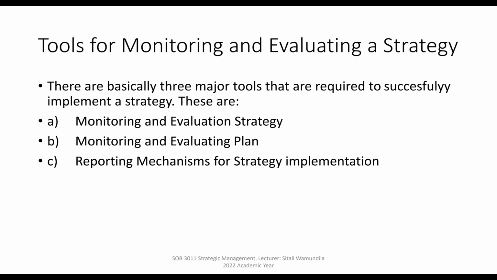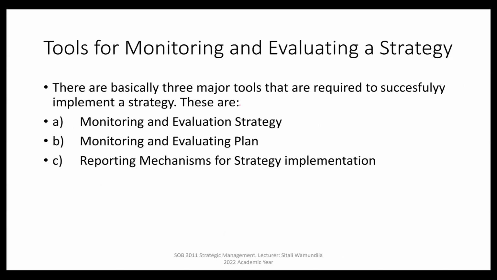Now, when you look at monitoring and evaluation of a strategy, there are basically three major tools that are required for you to implement a strategy. Number one, you should be able to monitor and evaluate a strategy.